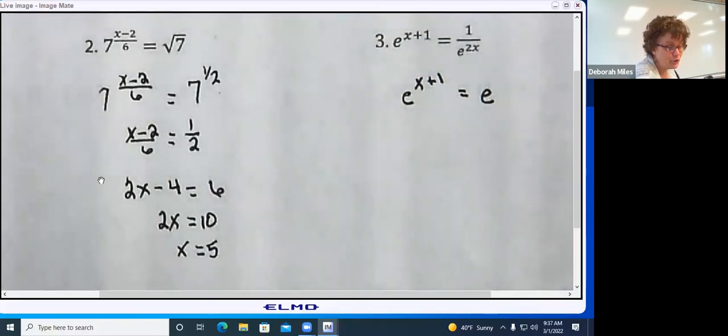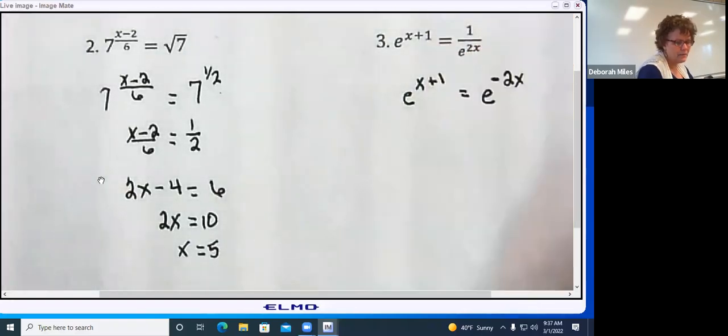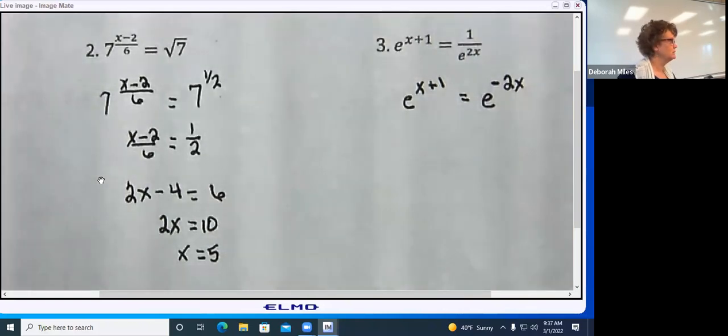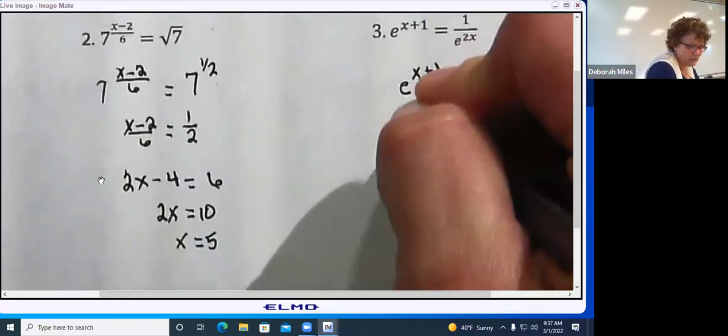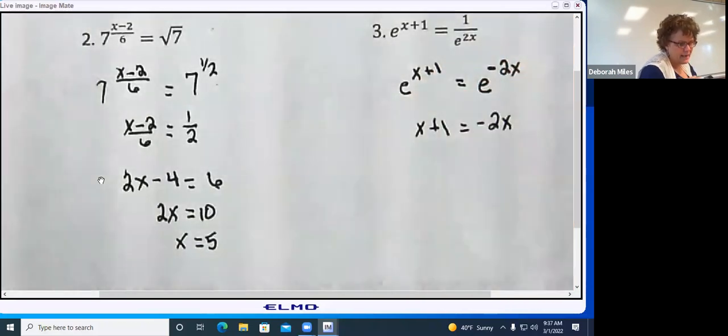Sure, I have negative 2x as the exponent in the denominator. So if I flip it up to the numerator, it becomes negative 2x. And then I have an equation where both sides have the same base. I can just set the exponents equal to each other and solve that.